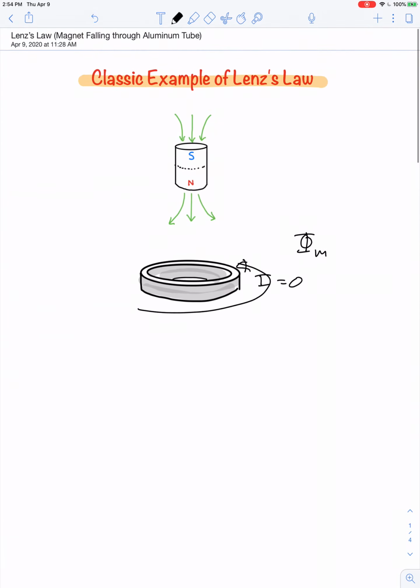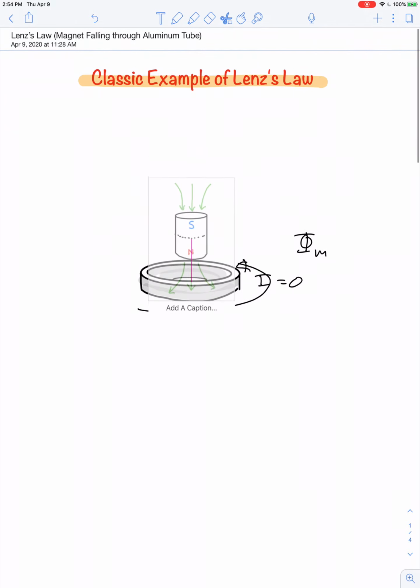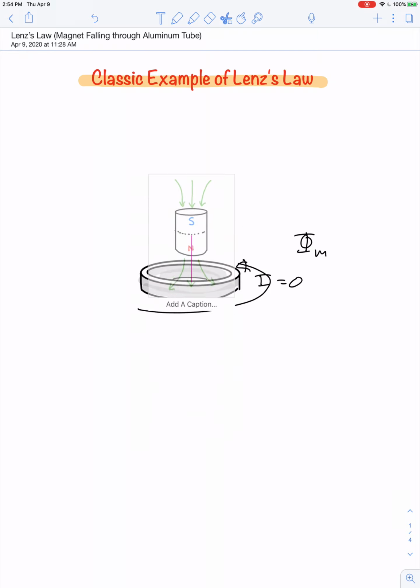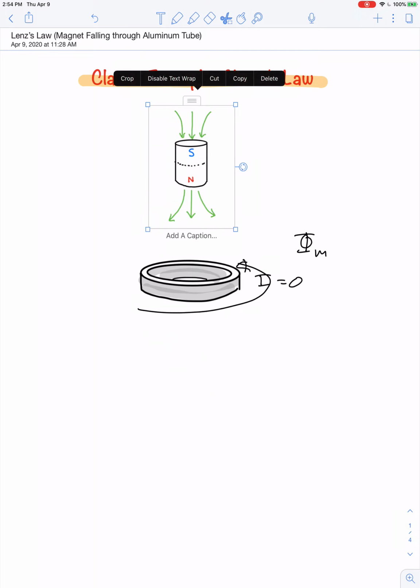And then as the magnet continues, for an instant, the flux reaches its maximum value, and for a moment the current goes to zero. And then as the magnet continues to fall, now the flux is decreasing. So there will be an induced current to try to restore whatever peak amount of flux had existed for a moment. So the current will reverse direction as the magnet falls away and go back the other way.